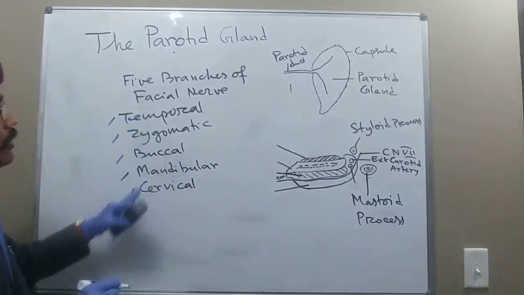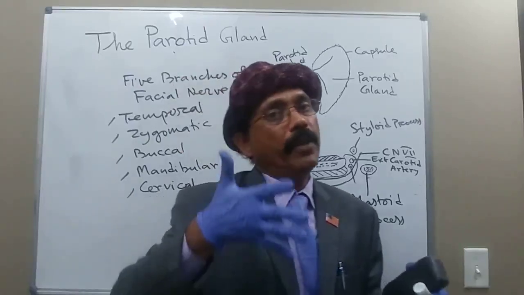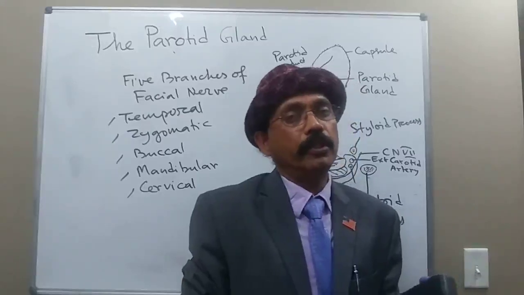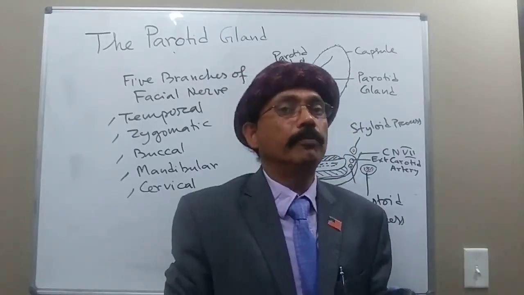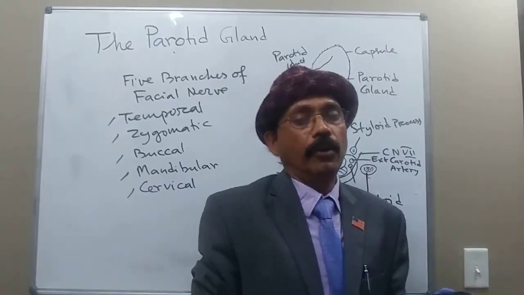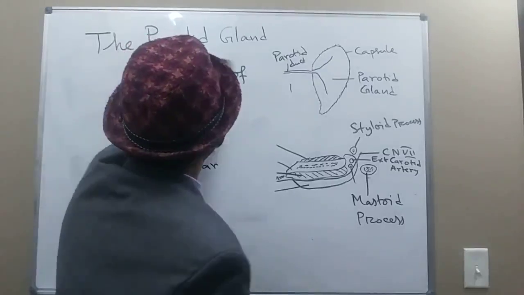These branches of the facial nerve may have anastomosis between them, and it has a lot of clinical importance, especially during surgery or removal of a tumor. So the surgeon always takes care of the branches of the facial nerve. We have gone through the facial nerve.